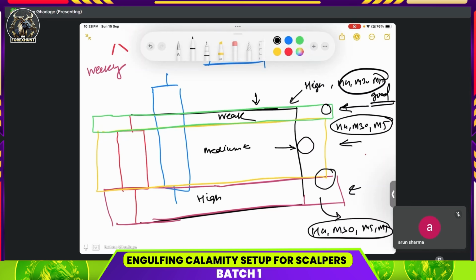So which H4 do we have to mark, sell failed or fresh buy? But there is nothing called fresh in this setup. You have to just focus on buy. No need of fresh, no need of non-fresh. Only H4 buy, or it can be sell fail as well. Okay, so both we can mark. Yeah, both we can mark. Yeah, I will show you some practical examples as well, so that you will not get confused. Okay. Sure, thank you.